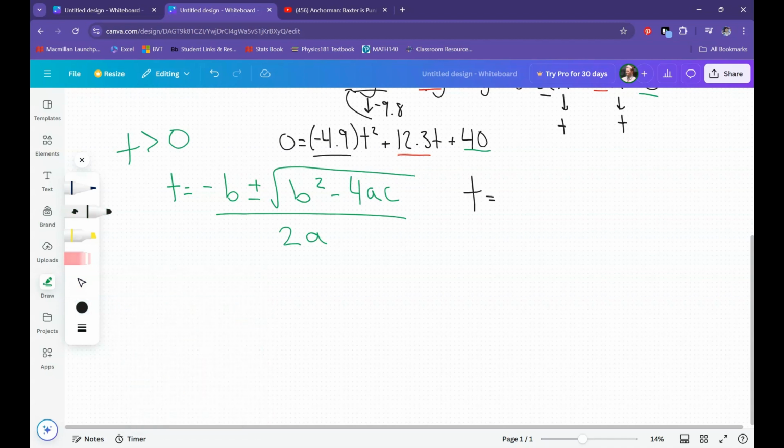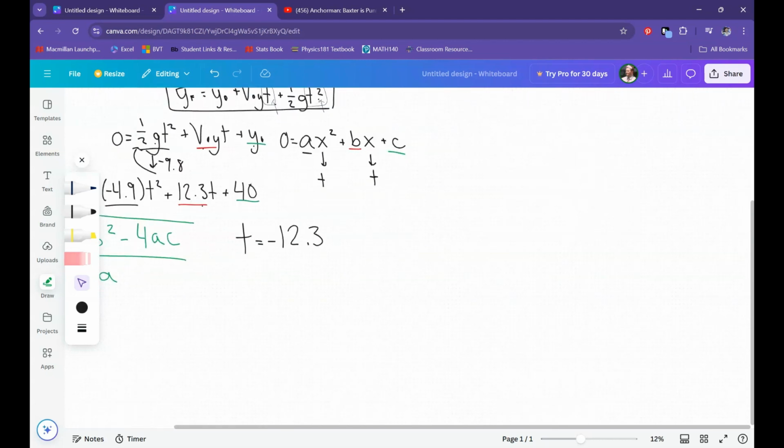So we have t equals negative our b value, which was 12.3. Negative 12.3 plus or minus the square root of 12.3 squared. It's supposed to be a 2. I'm going to zoom in a bit.